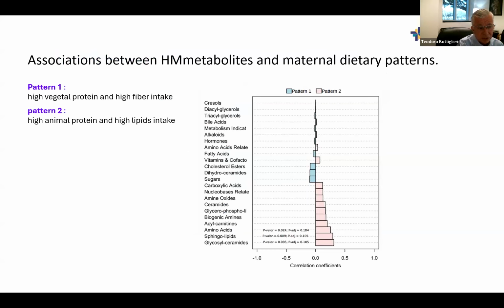The subjects were divided into those that had a higher vegetal protein versus a high animal protein, and this again could be kind of expected, as we see here that amino acids, sphingolipids, and glycerolceramides were much higher in the subjects that had the high animal protein and high lipid intake. So we could see that this translated over into what we would think would happen. But it's nice to have that confirmed.